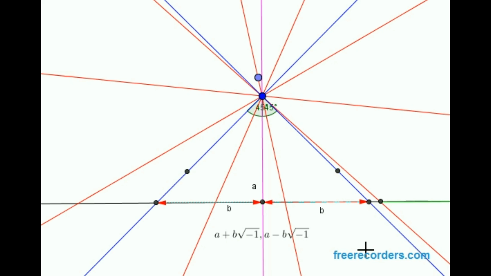So we have two of them, one at a plus b times the square root of minus 1, and one at a minus b times the square root of minus 1.